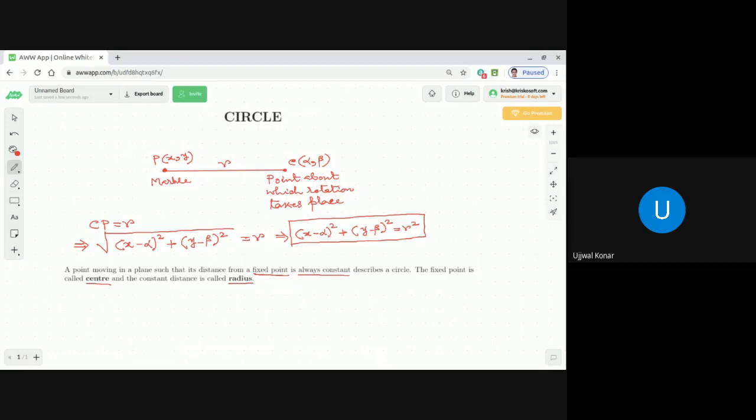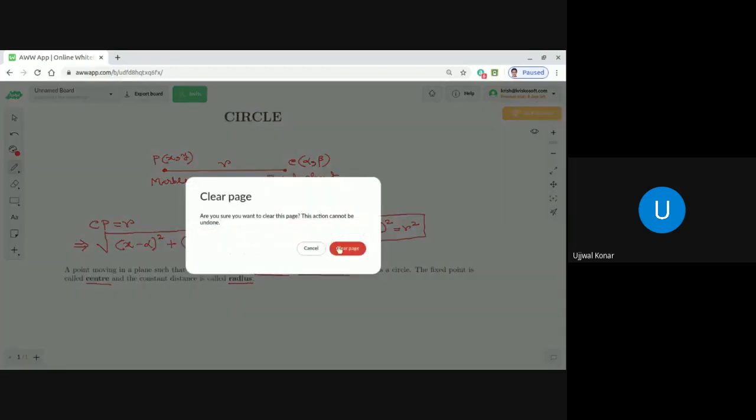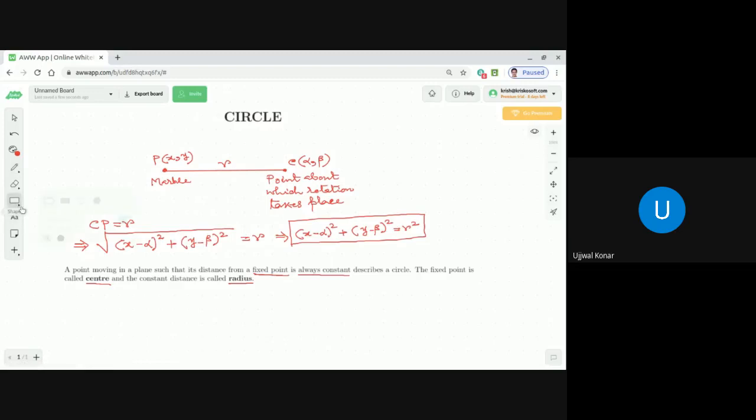For example, suppose I say a circle like this, and we know its center is fixed, but it could have different radii. So we can determine this circle only if we know these two things properly: the center and the radius.